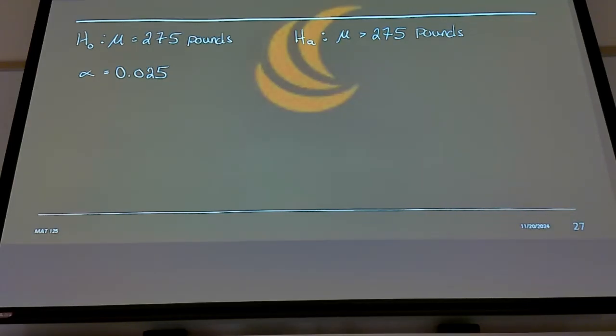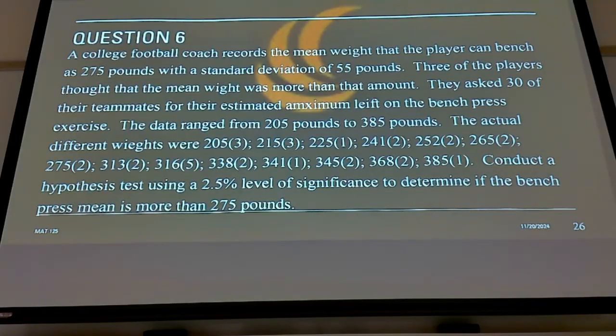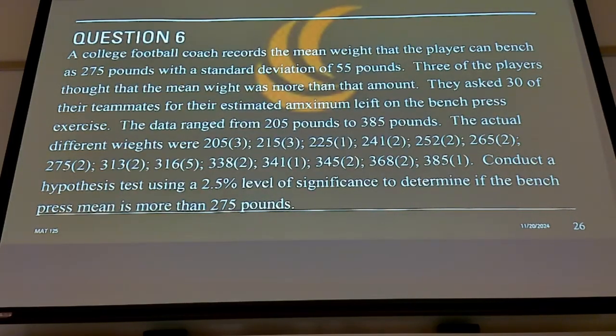We don't need to find the critical value, because I'm going to be doing the p-value method using technology. Bad news, unless you have the calculator I recommend, you have to actually calculate the sample mean. It's not given to you. Is sigma known? Do we know the population standard deviation? We do know it. So this is a z-test, not a t-test.